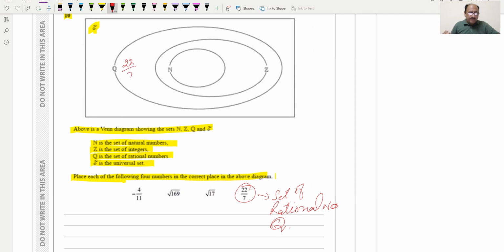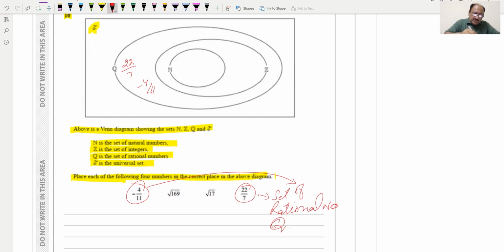Further, if we check, this is also a fraction, and this is also from the set of rational numbers, and we can write here minus 4 over 11.